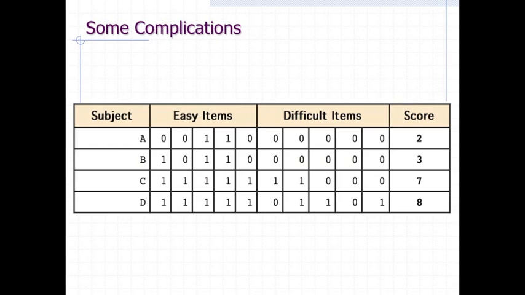Let's compare 1, the difference between subject A's score of 2 and subject B's score of 3 with 2, the difference between subject C's score of 7 and subject D's score of 8. The former difference is a difference of 1 easy item. The latter difference is a difference of 1 difficult item.